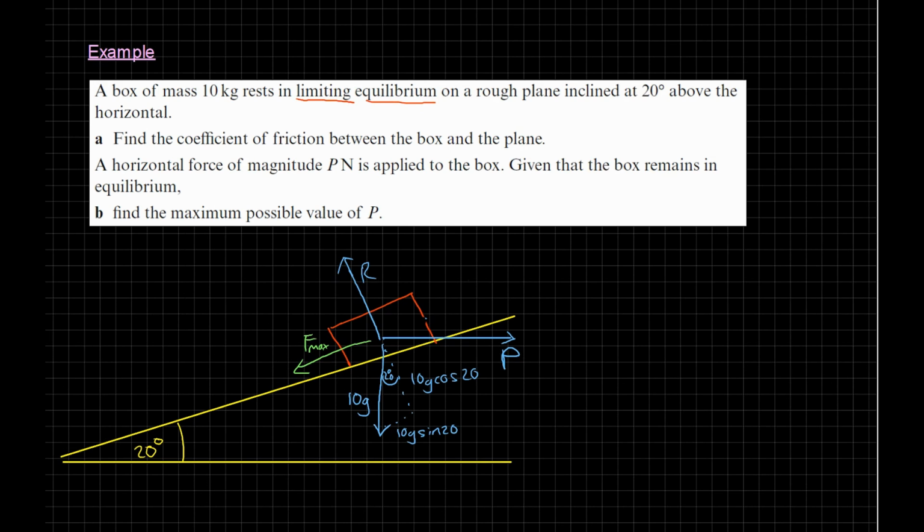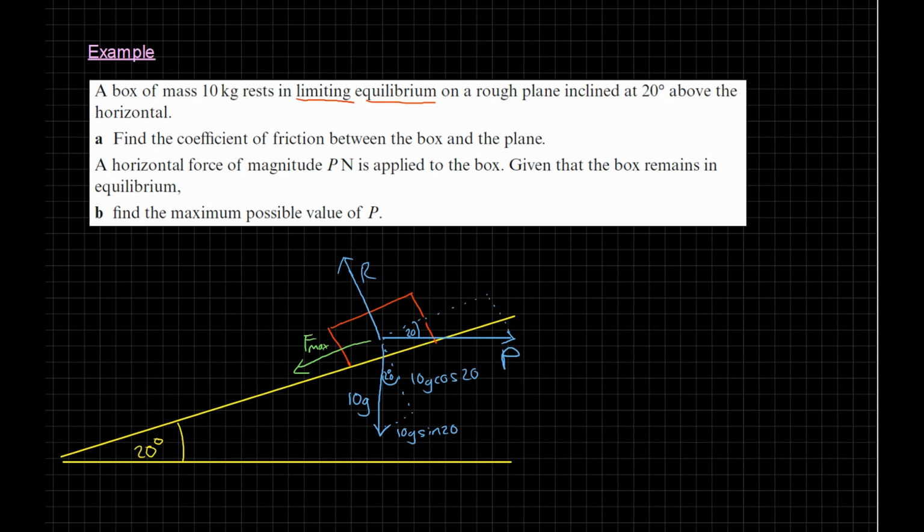So now we're going to have to do some resolving of equations. Let's see what we get. We're going to have to split up this p first. What's this angle here between the dash blue line and the solid blue line? Should be 20 degrees, right?